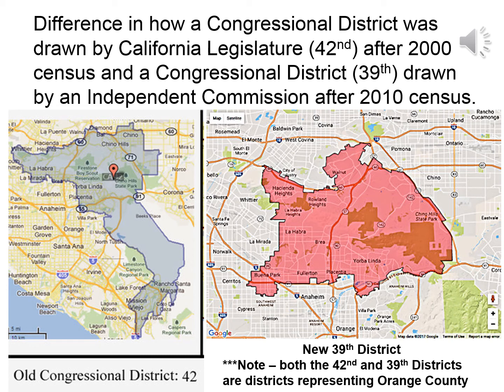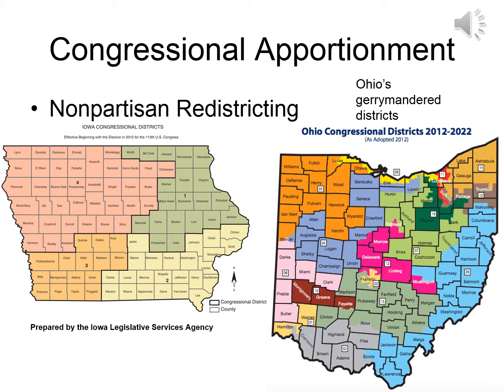Now go on to the other slides to see other examples of a comparison between a state legislature drawing of a district versus an independent commission. Looking at this map, you will notice I have a map of Iowa, which looks like four quadrants that were drawn.